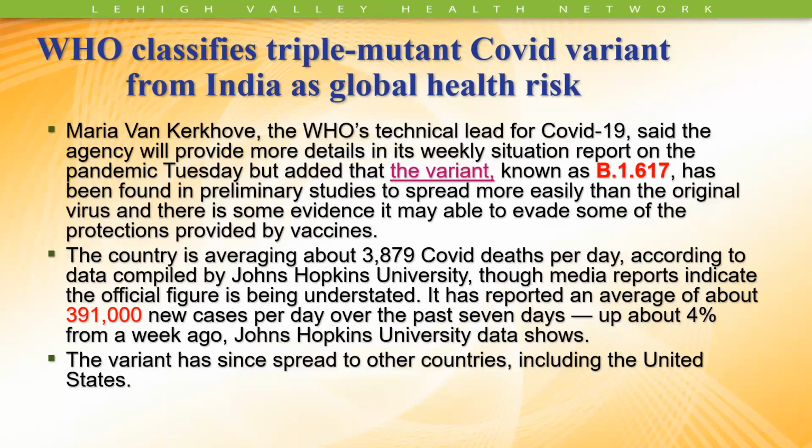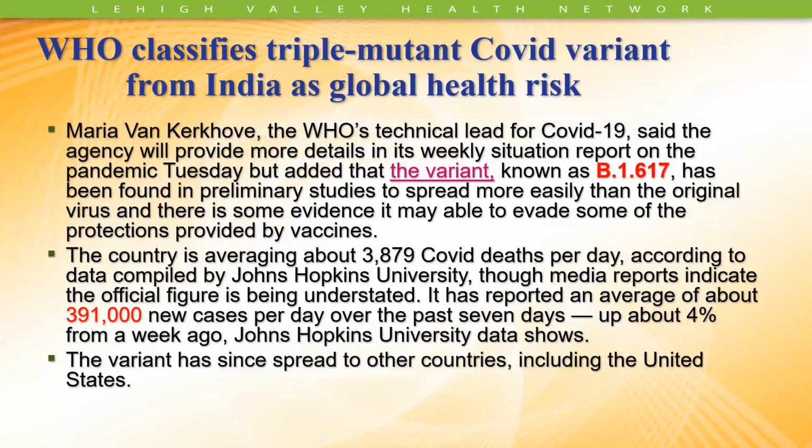Now, the current one is the Delta, which has a triple mutant COVID variant from India, and it's a global health risk. And this was back in mid-spring, right? They call this the B1617.